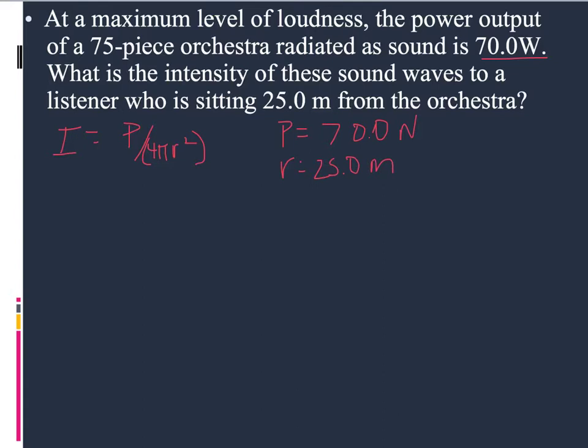If we plug that into our equation, we get intensity equals 70.0 watts divided by 4 pi times 25 squared. And that comes out to 0.008. Intensity doesn't have a unit of its own, but it's watts divided by meters squared, so that is what we use for our unit, watt per meter squared.